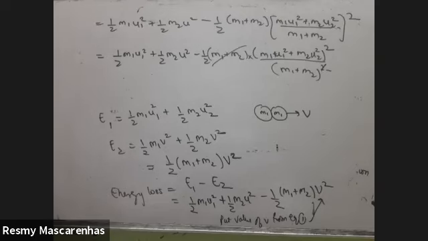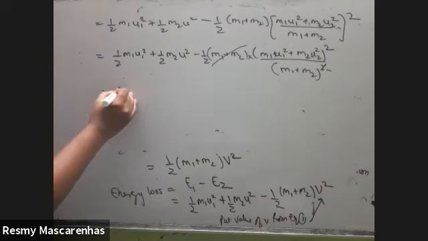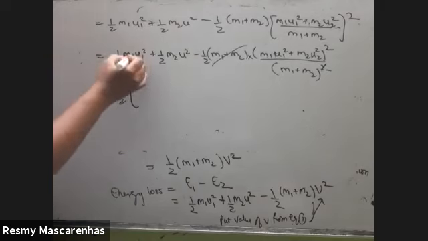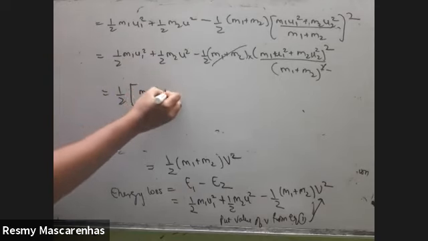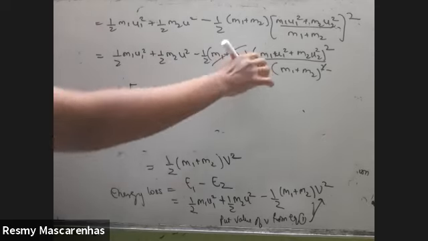And if you notice, everywhere half is common. So I'll remove this half out. So what remains is m1 u1 square. This half also is gone out.